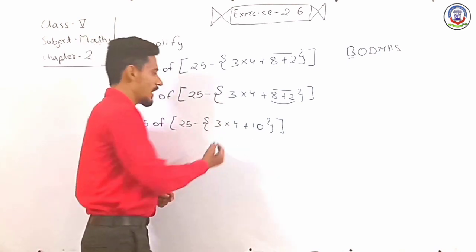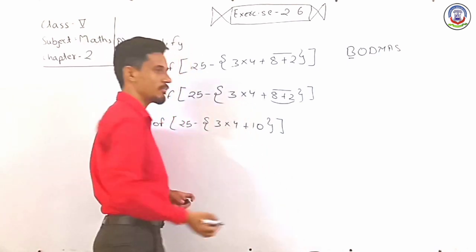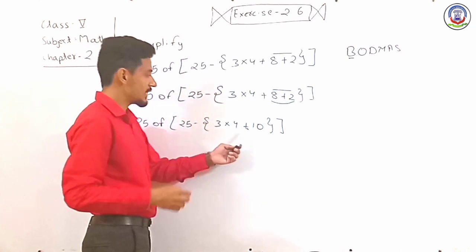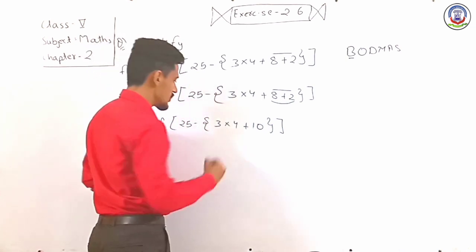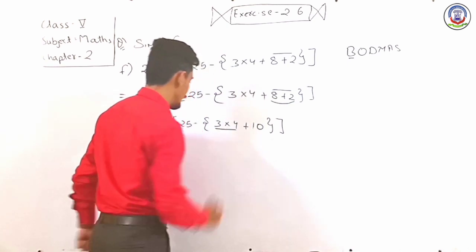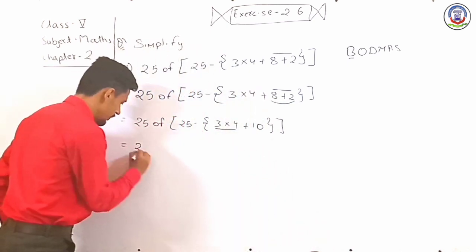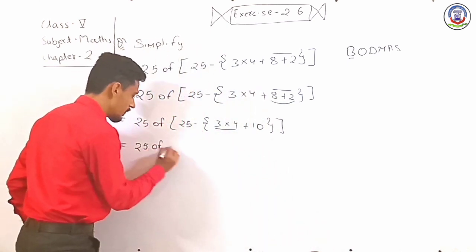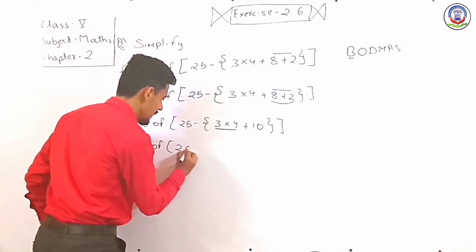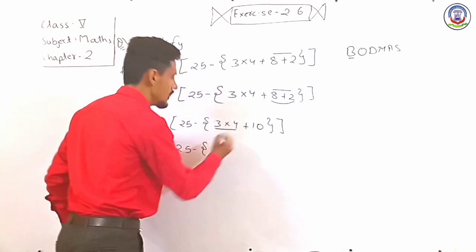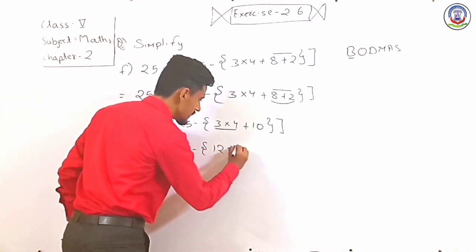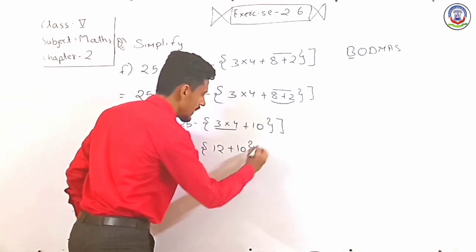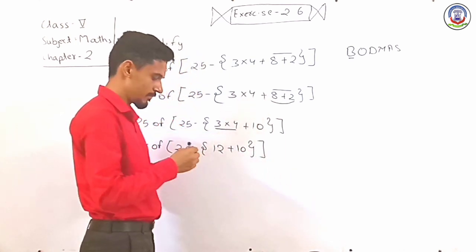In the curly bracket we have multiply and addition both. Comparing addition and multiplication, we have to solve multiplication first. So we write 25 of 25 minus 3 multiply 4, that is 12, plus 10, and the remaining same.